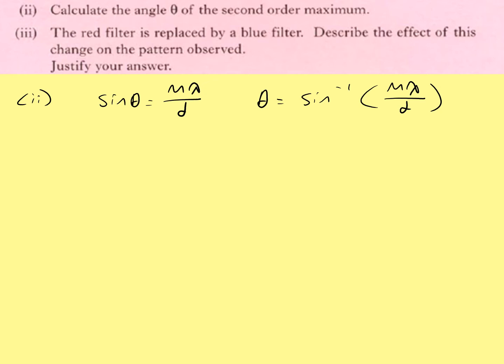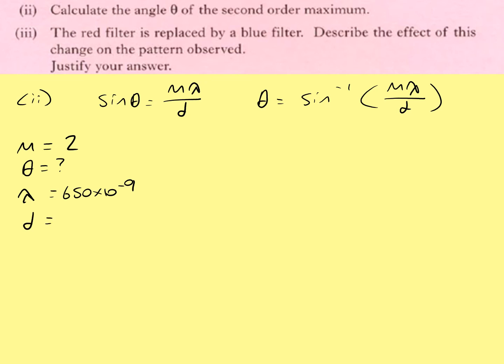From the question, we should know our order of maxima and our wavelength. So m is equal to 2. Theta is what we want to find. Our wavelength is equal to 650 times 10 to the negative 9.